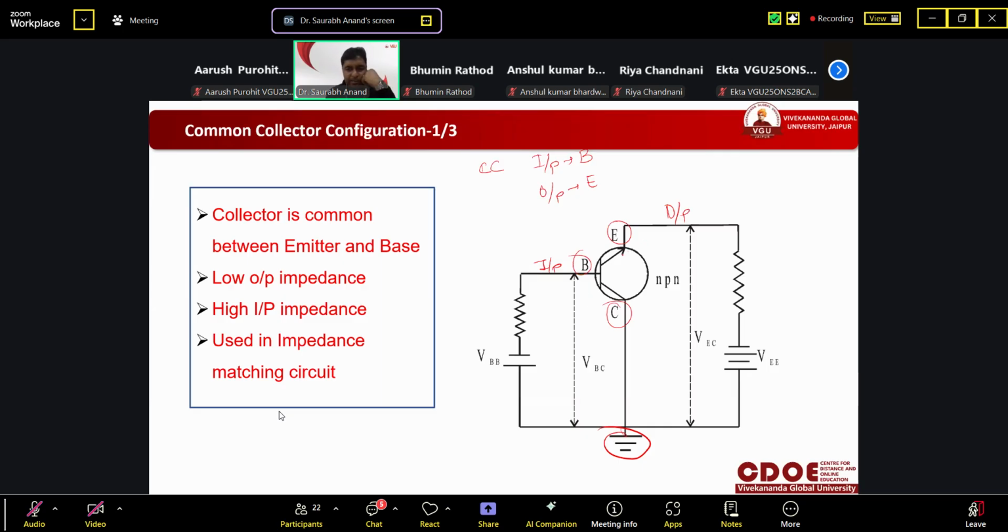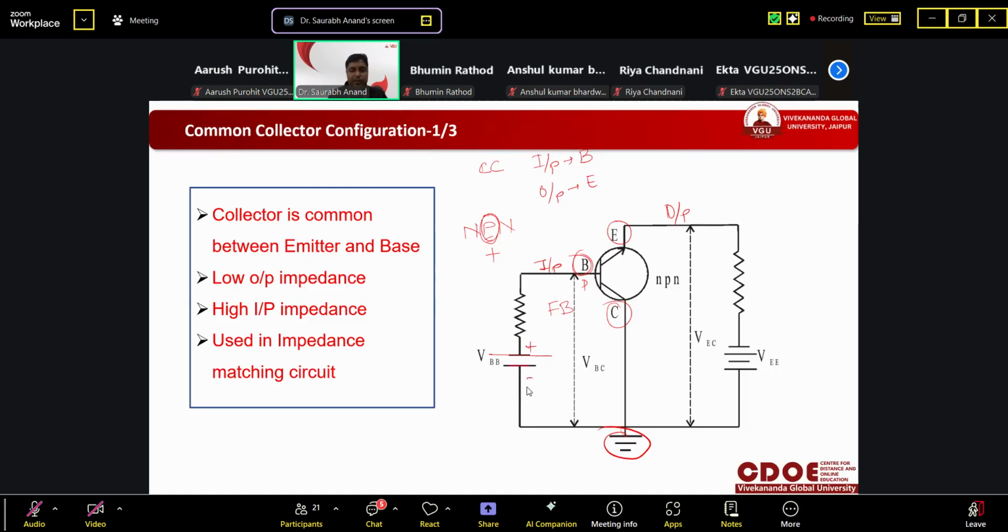Again it is an NPN transistor, so the base is of P type. So this battery is wrong. Why? Because we have to make it active mode, with forward bias. So this base is of P type. P should be connected with positive, so it should be like this, positive, negative.